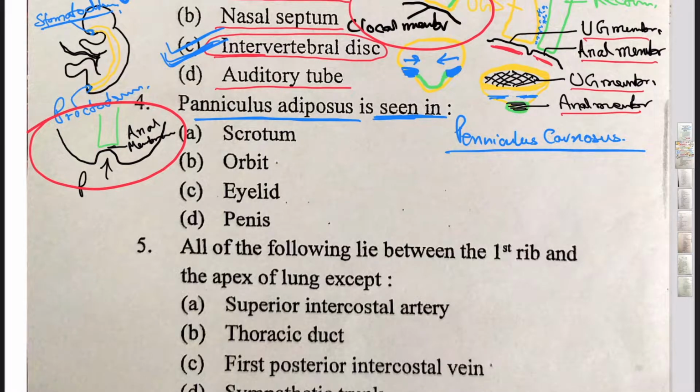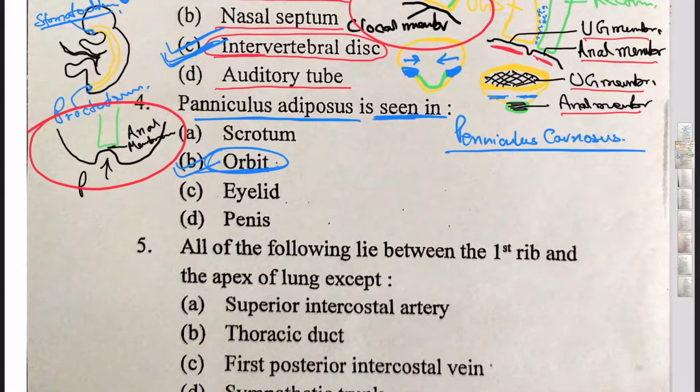Now the answer here is orbit. You have fat in the orbit surrounding the eyeball, but that is not subcutaneous fat, because developmentally there is the orbital septum which separates the contents of the eyeball from the subcutaneous tissues.